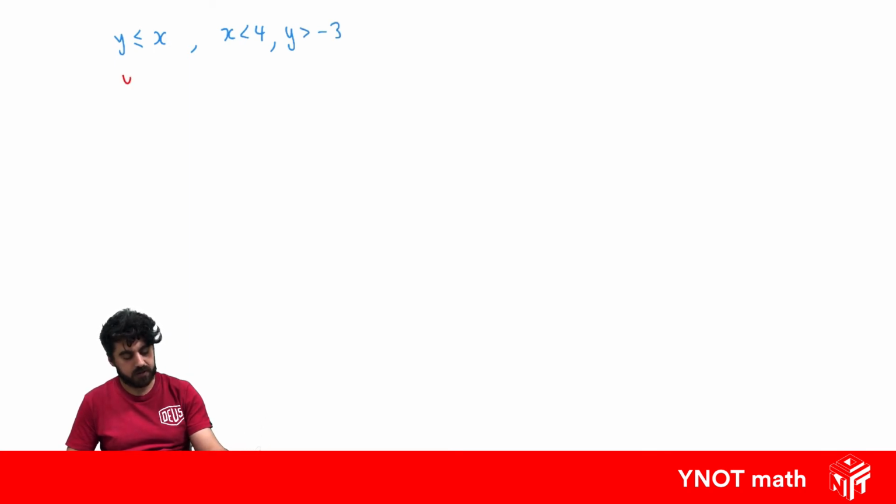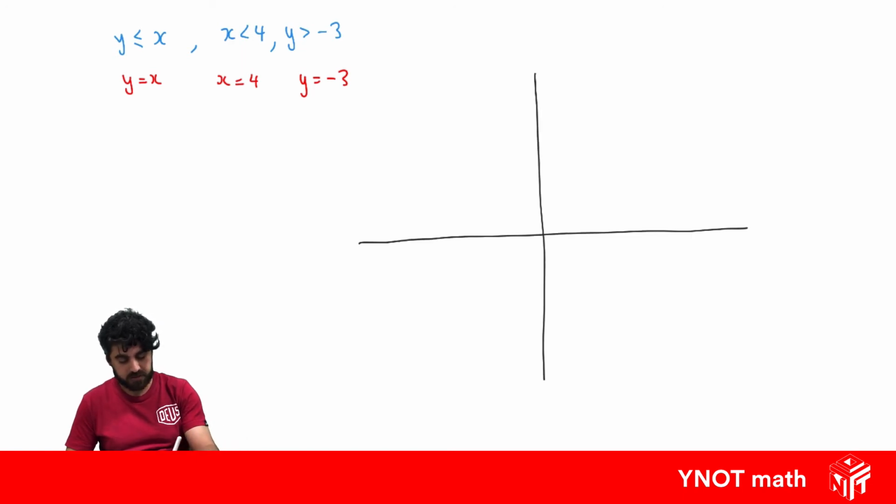So this means we need to consider y equals x, x equals 4, and y equals -3. We just need to be careful when we sketch them out with all the ones that are either greater than or less than as dotted lines. So those are going to involve these two here, because this one's greater than and this one's less than. So both of these need to be dotted, but this one has a solid line.